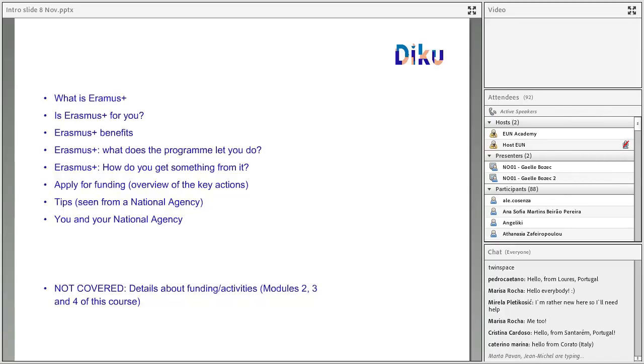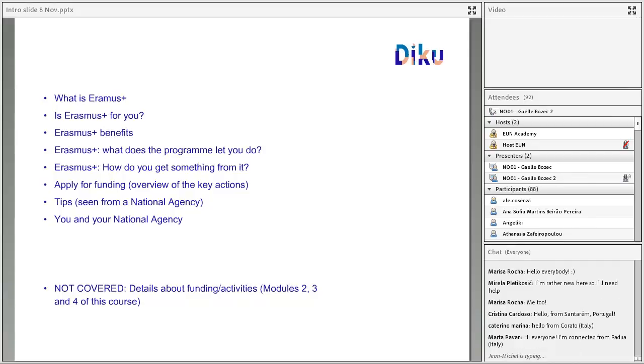How do you get something from it? If you intend to apply for funding, the overview of the key actions, and I have a long list of tips regarding what you could or you should do if you are applying.